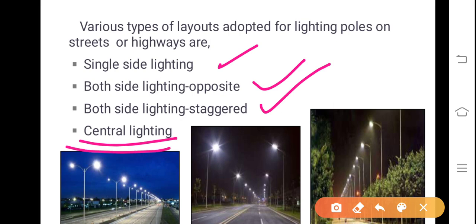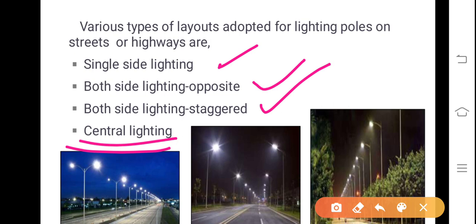In Kopargaon, from Sai Corner to the bus stand, it is the layout of central lighting. At the center, the electrical poles are installed with two cantilevers on either side so that it throws light for both one-way roads. Single side lighting is usually in rural areas, even in urban areas with minor importance.